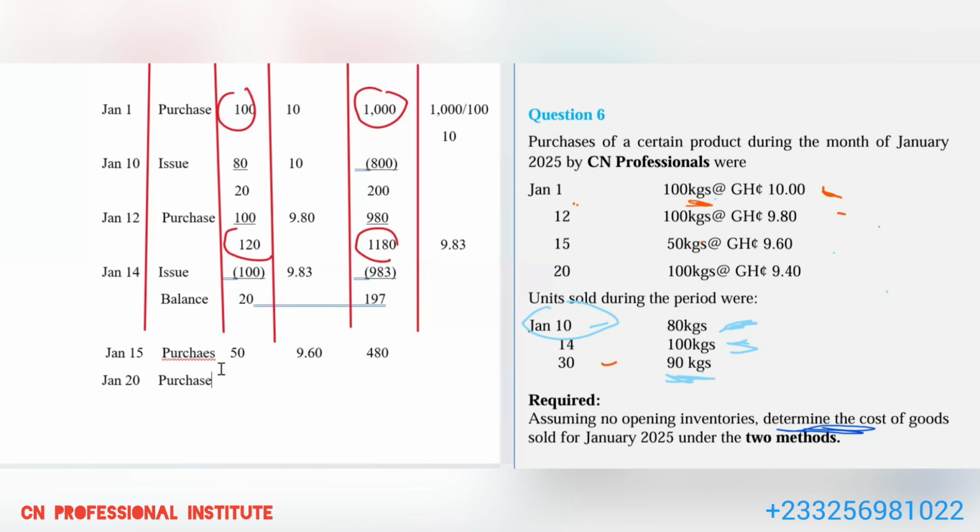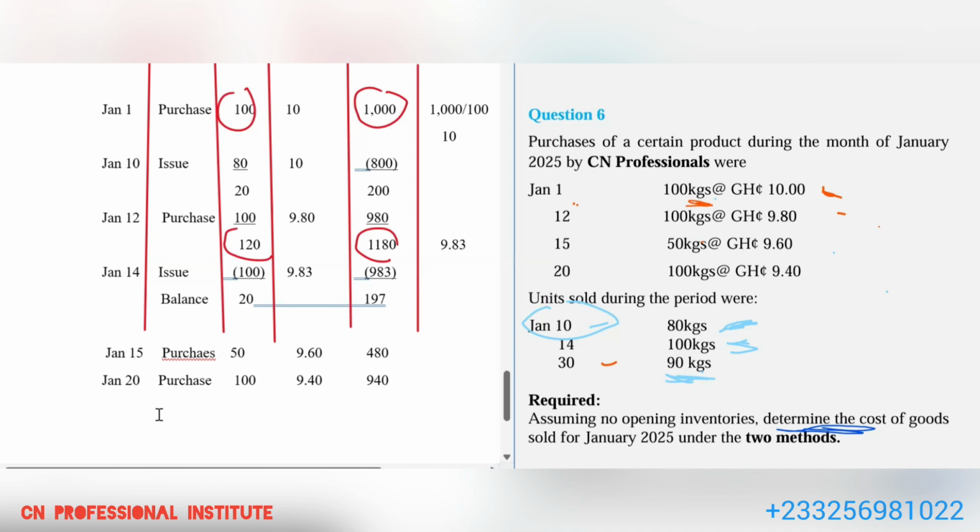We bought 100 units at 9.40. And then that will give us 100 at 9.40. That will give us 940, right?